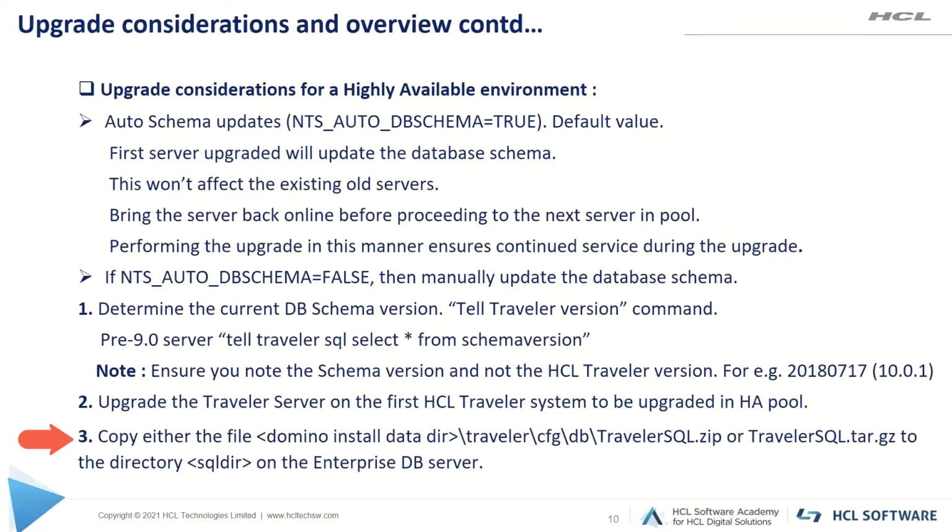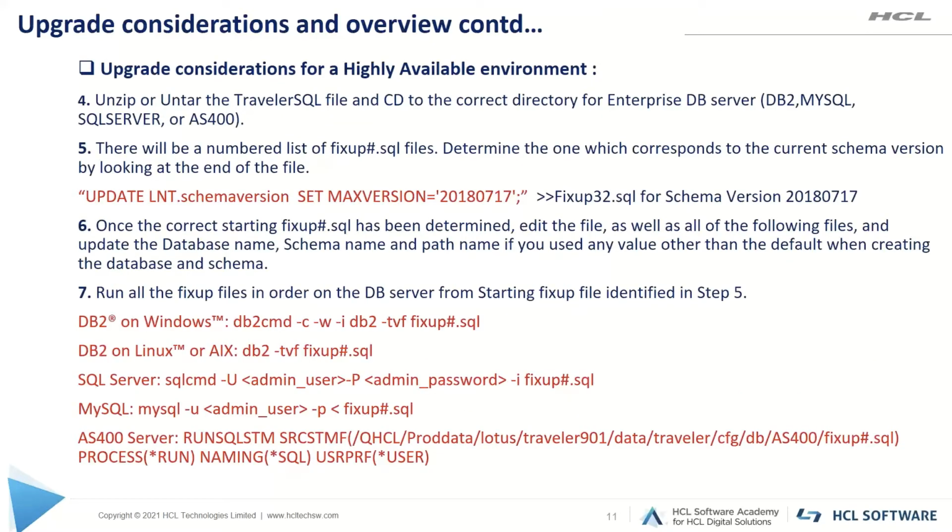Moving on to the next slide. Once you have copied the Traveler SQL file to the SQL directory on your enterprise database, you can unzip or untar that file. After you unzip or untar that file, you will find fixup number .sql files available in that folder.